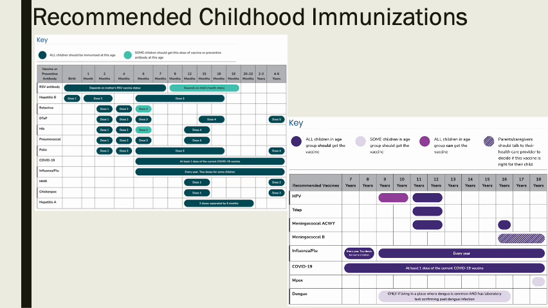Also, many of them have multiple doses. The Tdap, DTaP, the pneumococcal, all those have multiple doses. Same with polio. And they also can allow children to have the COVID-19 immunization as young as 6 months, as well as the flu for 6 months.